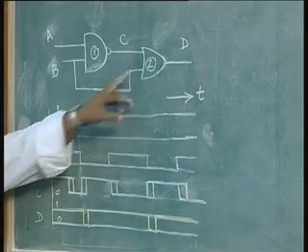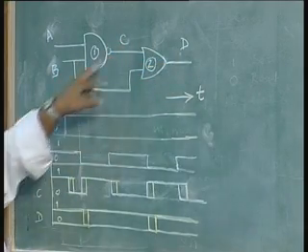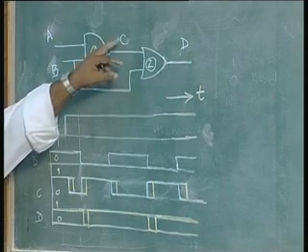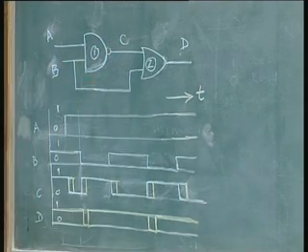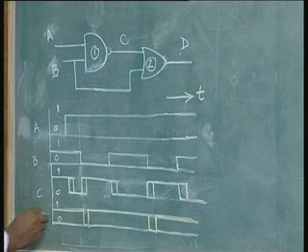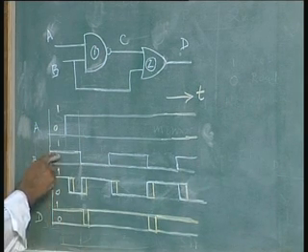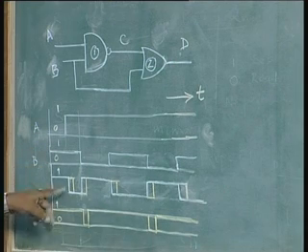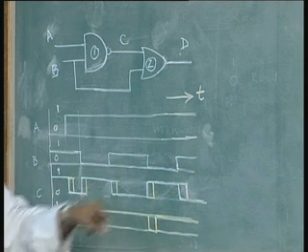Now, the output C and B are the 2 inputs to the OR gate D. So, D would be based on B and C. Now, we will see that all the time I am looking at these white lines, not these yellow lines which I have drawn later on, which will be explained a little bit later.